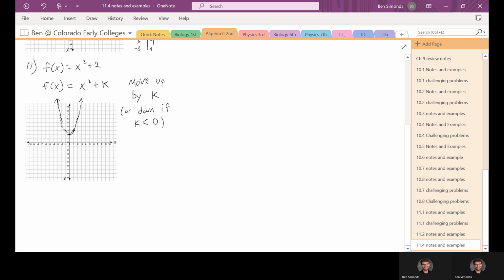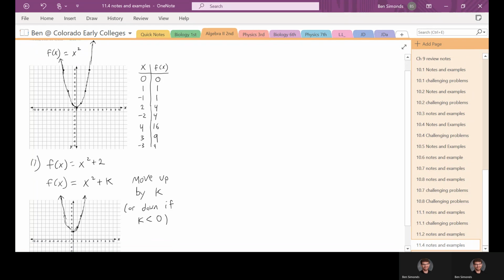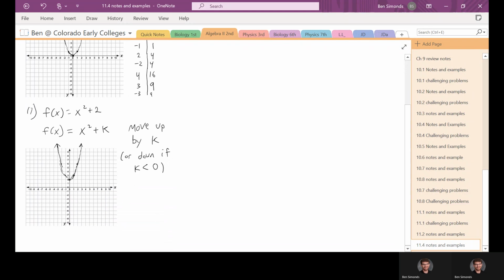Sorry, I'm not particularly good at drawing graphs to begin with, and here I am trying to use the stylus on this tablet that likes to freak out and bring up menus. So it's not very pretty, but you can see how number 11 is just our basic graph, but we moved it up. So numbers 11 through 17, excuse me, are just that, taking our basic graph and moving it up or down.